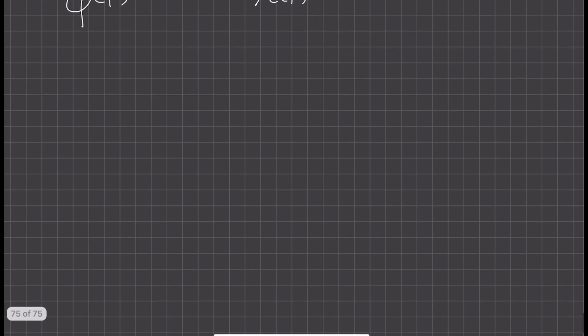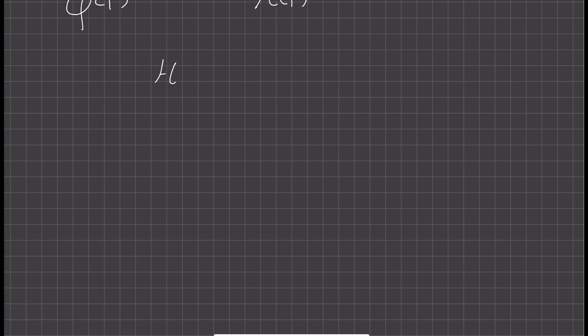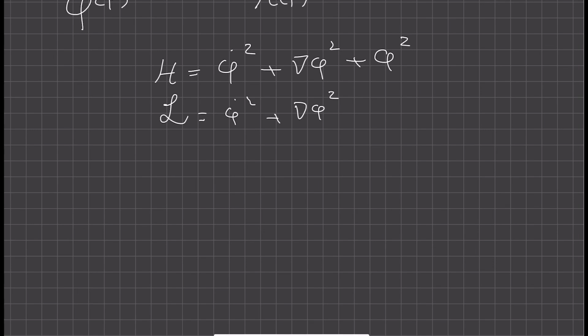So the Hamiltonian is defined as phi dot squared plus the gradient of phi squared plus phi squared. The Lagrangian can be seen as phi dot squared minus the gradient of phi squared minus phi squared. But we just try to look at the Hamiltonian.